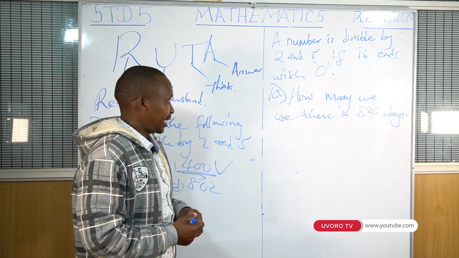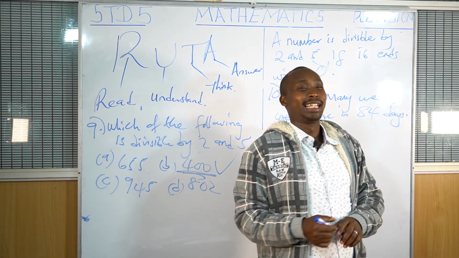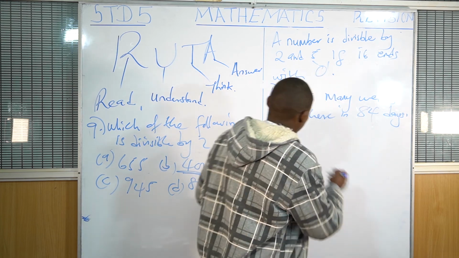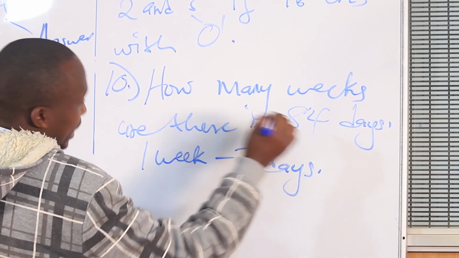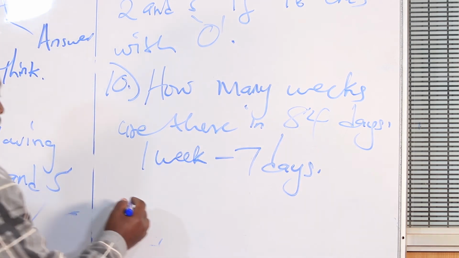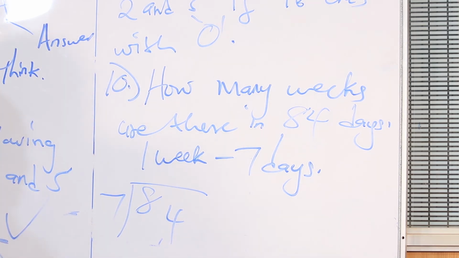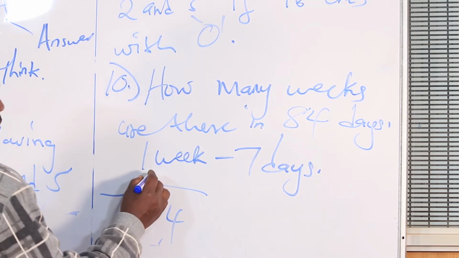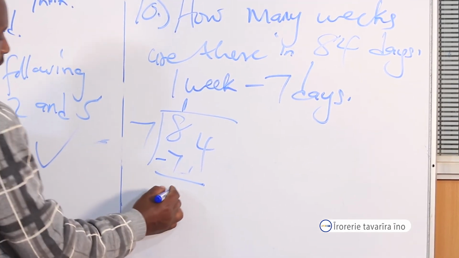T for thinking. How many days are there in 1 week? Yes, very good. 1 week has 7 days. Now, how many weeks are there in 84 days? You divide 84 by 7. 8 minus 7 is 1.